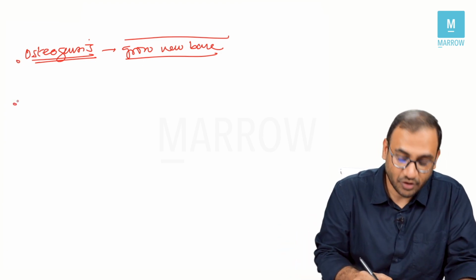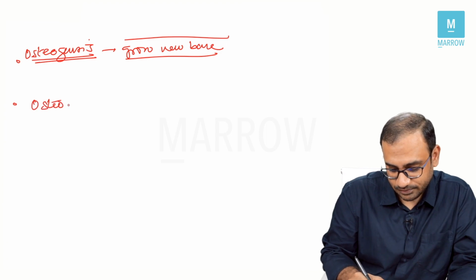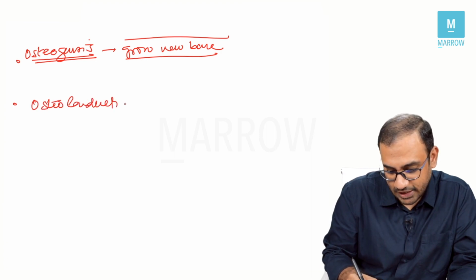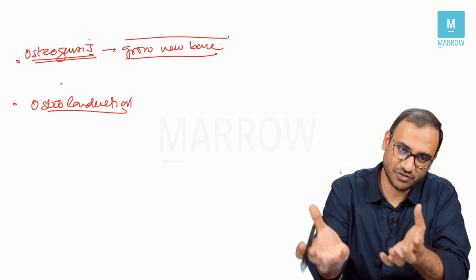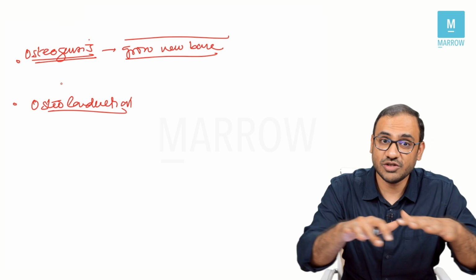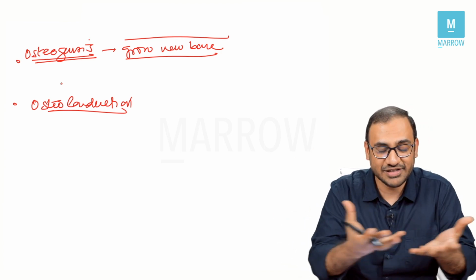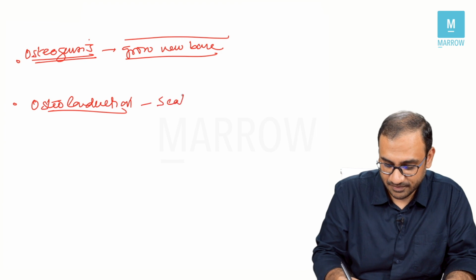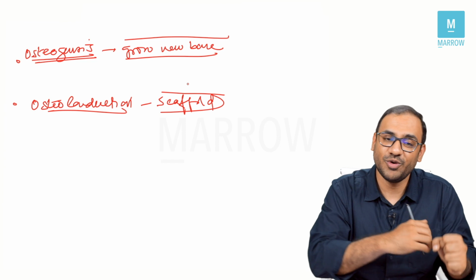The second property of this autologous bone graft that we use is osteoconduction. Now, what is osteoconduction? Basically, this graft, the piece of bone or the graft that you have kept, because of the presence of surface on it, allows the new bone to grow on it. So it acts as a scaffold or surface for bone growth.